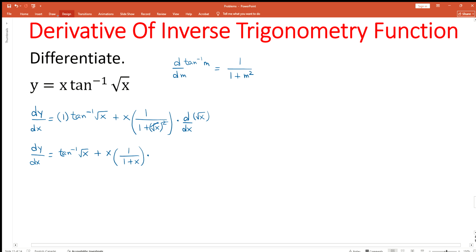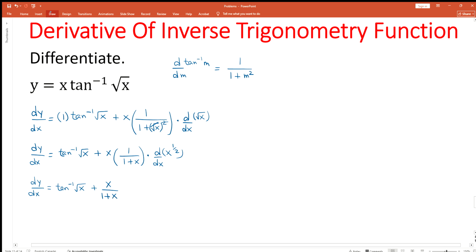To find the derivative of square root x, we should change square root to rational exponent 1 over 2. X times 1 over 1 plus x is x over 1 plus x.